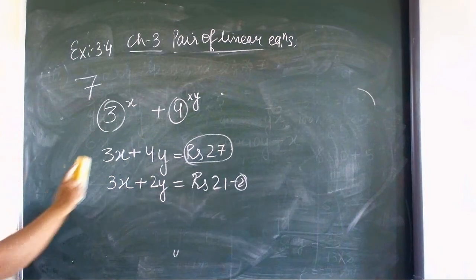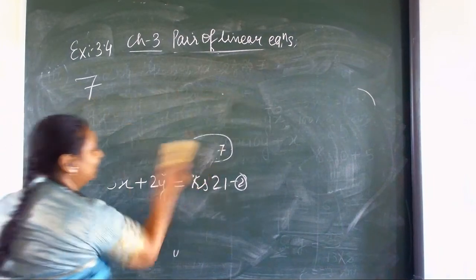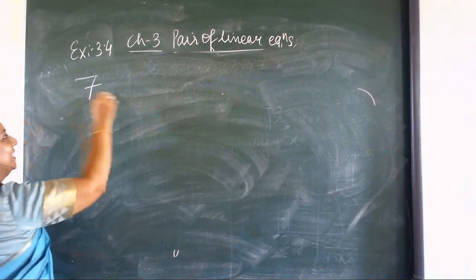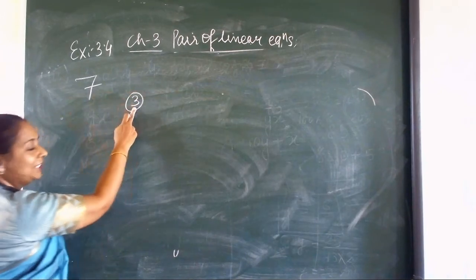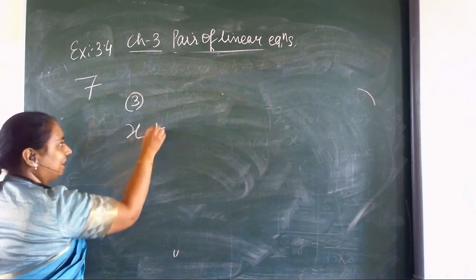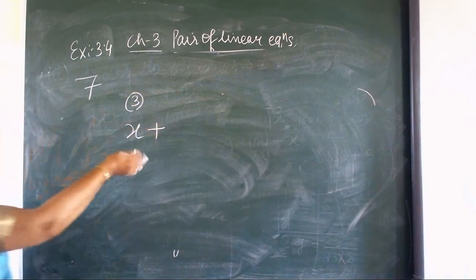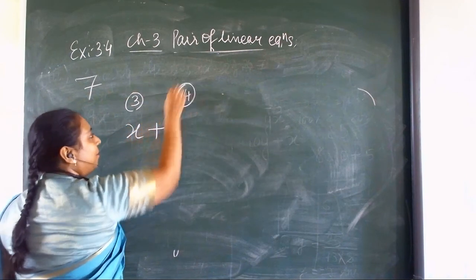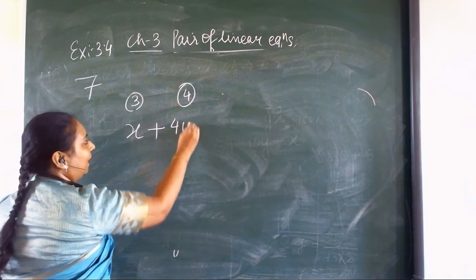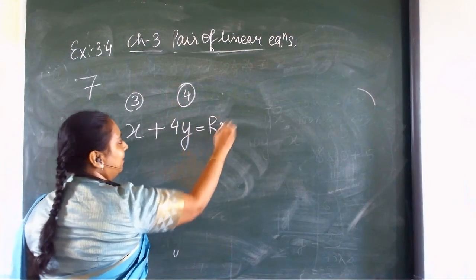Sorry, again I am explaining this question. Listen carefully. First 3 days charge is x. For the first 3 days, the fixed charge is there. So x is there, plus for the remaining 4 days, the per day amount becomes 4y, equal to ₹27.